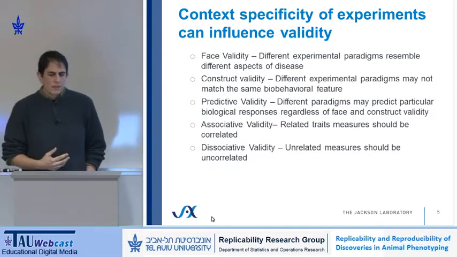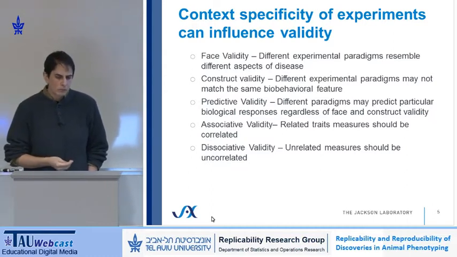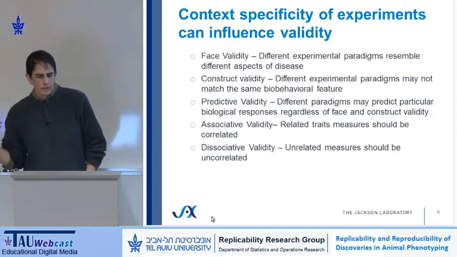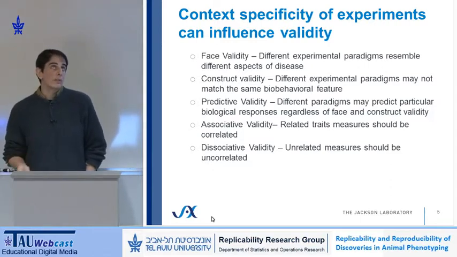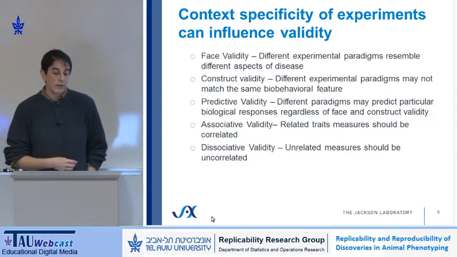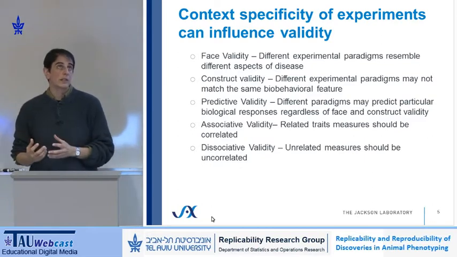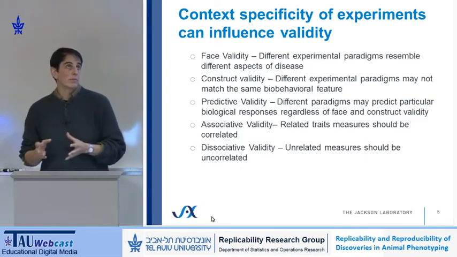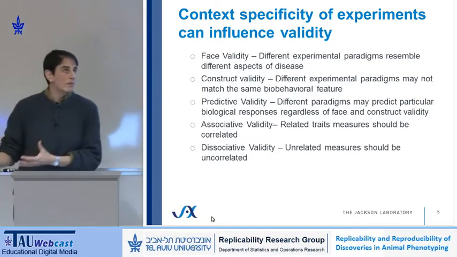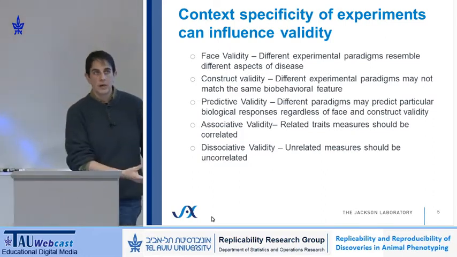The context specificity of an experiment can influence its validity. So the particular nature of the environment might affect the face validity or the construct validity or even the associative and dissociative validity of a trait. We're basically saying if I measure my trait in a noisy environment, it's no longer the same trait as I've measured in a quiet environment.